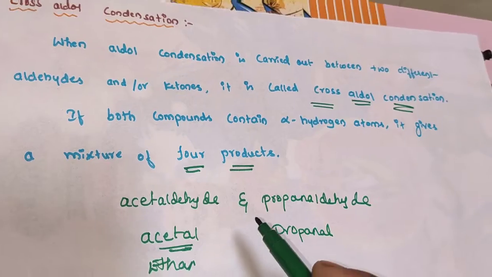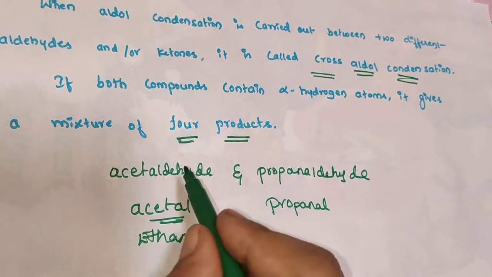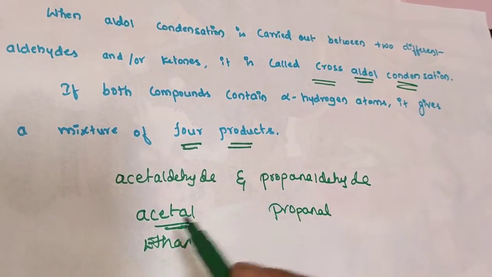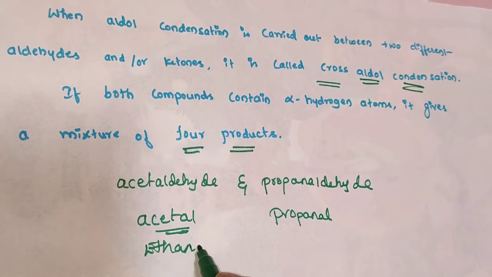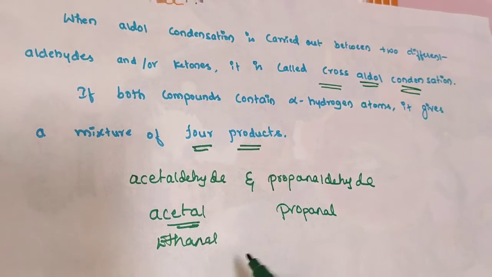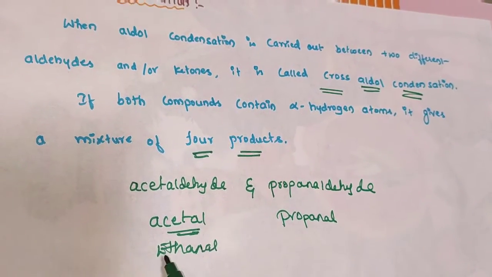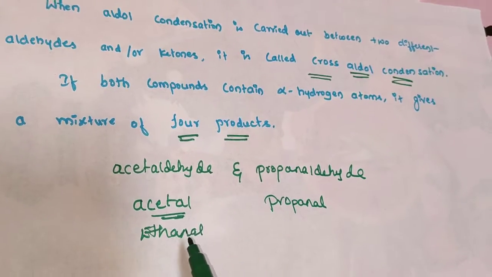Consider aldol condensation between acetaldehyde and propanaldehyde, or we can take ethanal and propanal. Both these compounds contain alpha hydrogen atoms.